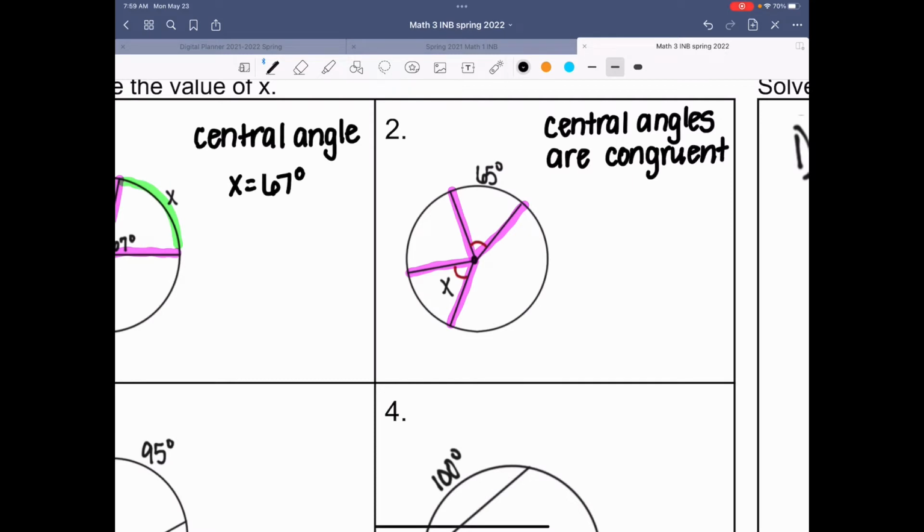Now, the symbol for congruent is the similar squiggle and the equal sign together. But either way, since these are congruent, that means that the arcs also have to be congruent. So this and this. All right, so if this is 65, that means this is 65. And because the angles are congruent, therefore, that means that x is equal to 65 degrees.